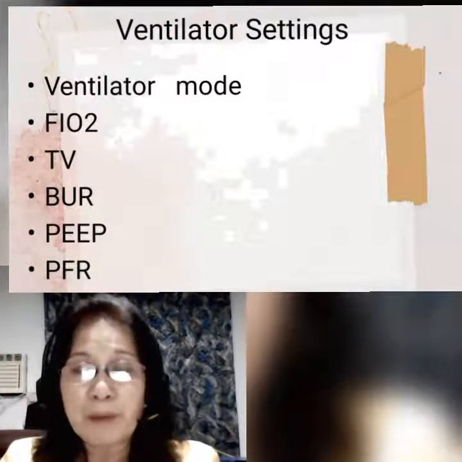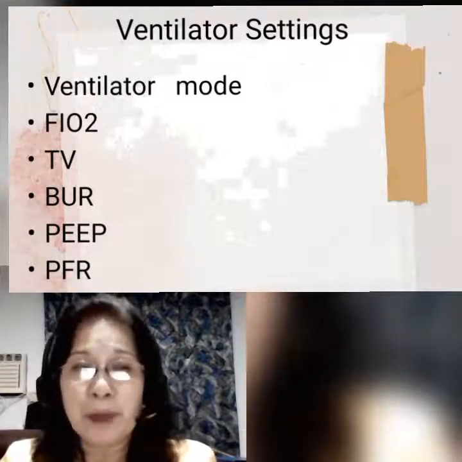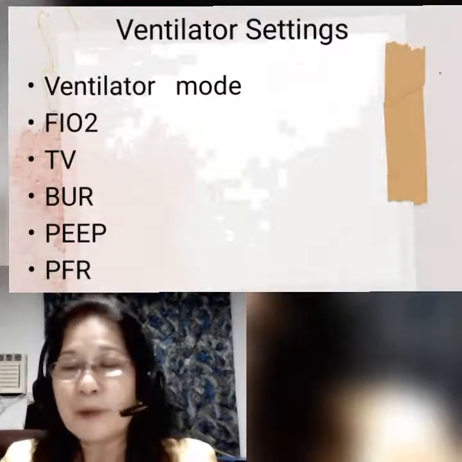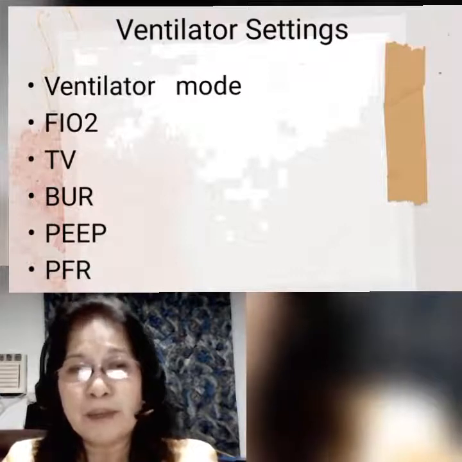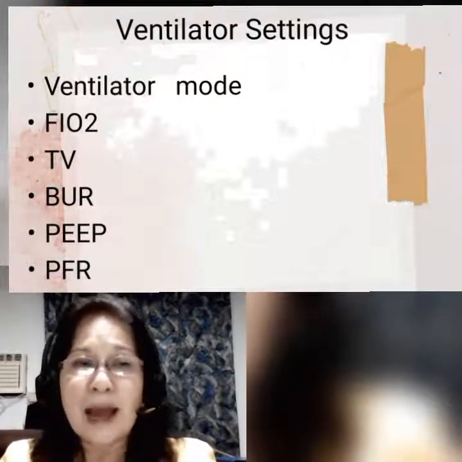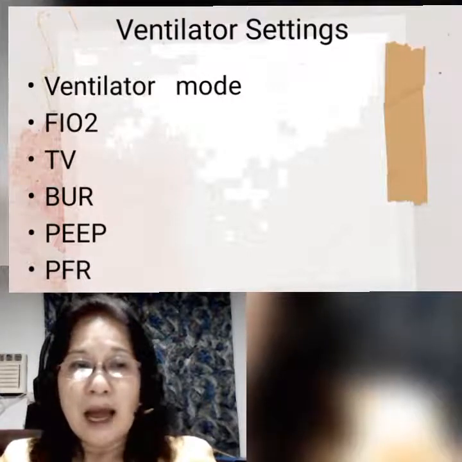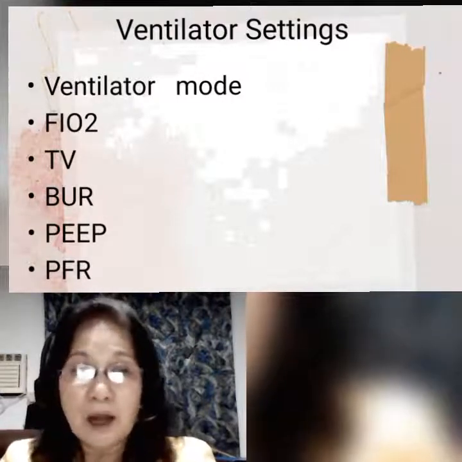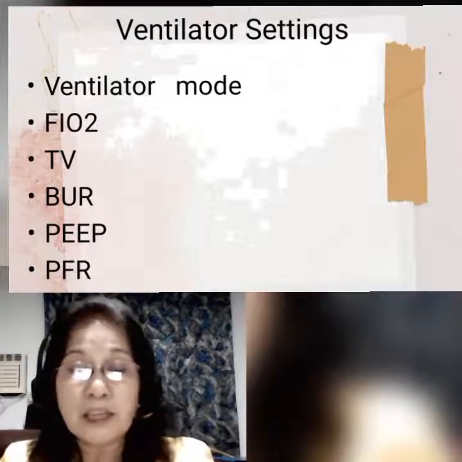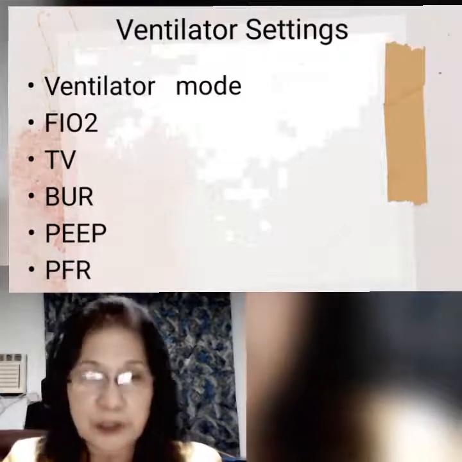But please remember that the parameters of your PEEP should be considered. For example, the blood pressure of the patient should be within normal limits. If the blood pressure of the patient is below 90, the patient will be evaluated for further changing of the settings of your ventilator.